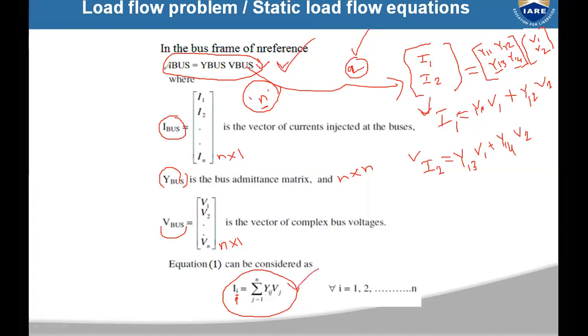Okay, so from this equation you can write the current for an n bus system as the current injected at only one bus, the ith bus, which is equal to the sum of j equal to 1 to n of Yij Vj.